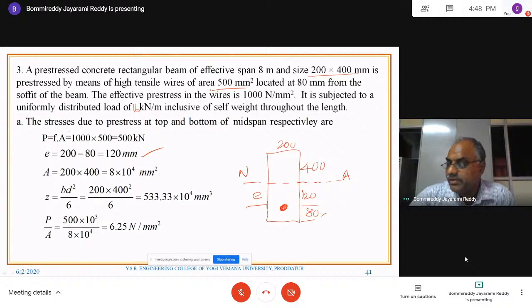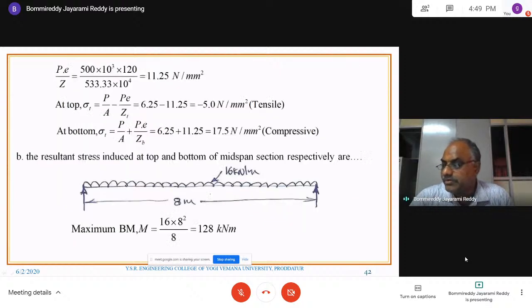Only thing is, P is not known. What is P? P is nothing but F multiplied by area, the area of the pre-stressing steel AP. F means stress in steel, which is 1000. Area of the pre-stressing steel is 500, so it is 500 kilonewtons. And you can compute area, Z, P by A, everything. It is routine.